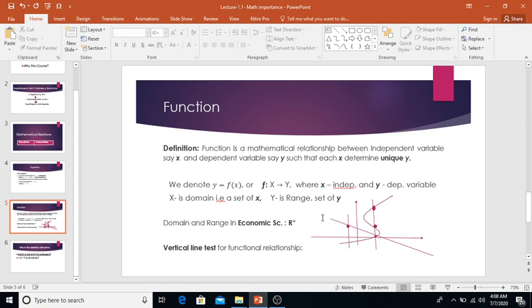And not all equations are functions. To check whether a mathematical equation is function, we can take vertical line test. If a vertical line intersects a curve more than one time, twice or more, in that case this is not a function.